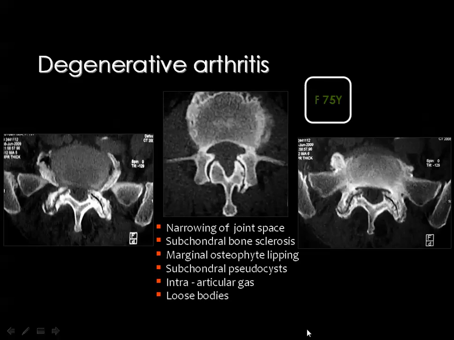And osteoarthritis of the facet joints and the neurocentral joints of the spine will present the same findings, except that you cannot see loose bodies here. You can compare this joint, which is showing osteoarthritic changes, with this almost normal joint. And in the osteoarthritic joint, you can see narrowing of the joint space, subarticular bone sclerosis, osteophytic clipping of the articular surfaces, and interarticular air, as well as minute subarticular pseudocystic changes.